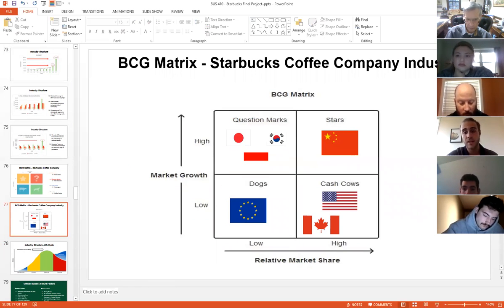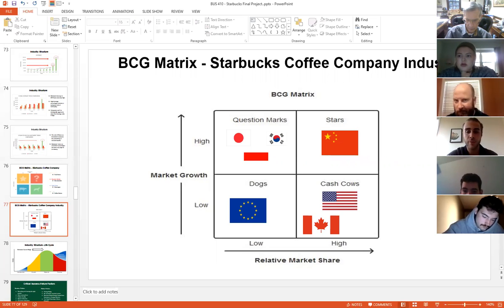The US and Canada both are classified as cash cows because they are markets where Starbucks has operated for a long time, and both market growth and revenue are not stagnant, but they're likely to be within some years.